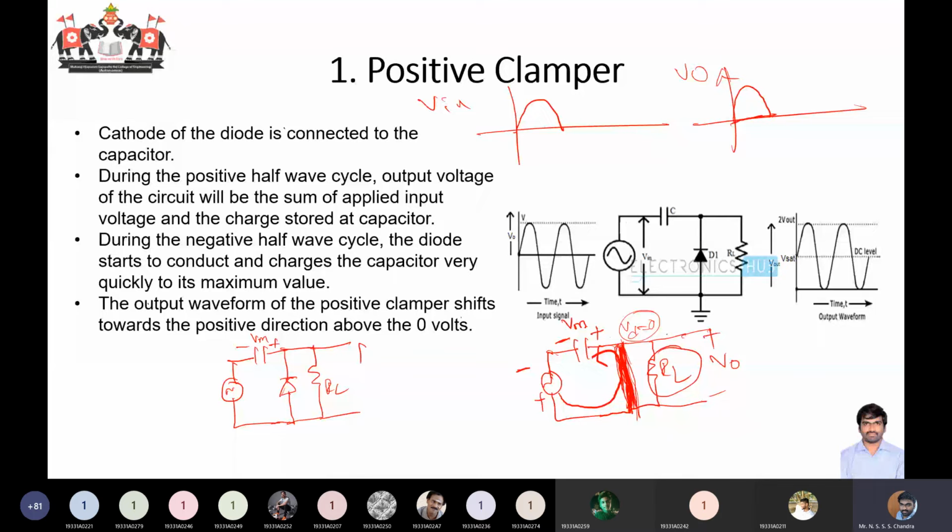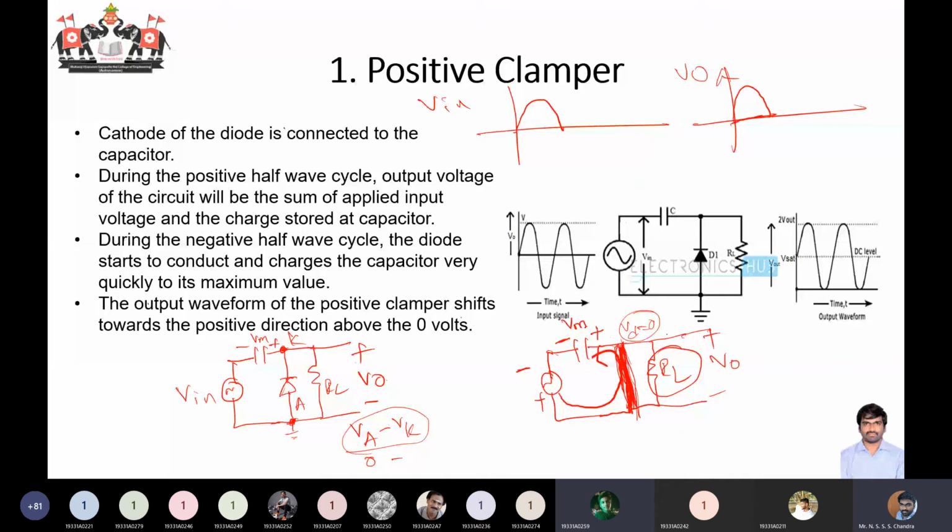Now tell me the voltage at cathode and the voltage at anode. What is the voltage at anode? What is the voltage at cathode? What is VAK, VA minus VK? VA is at ground level, right?